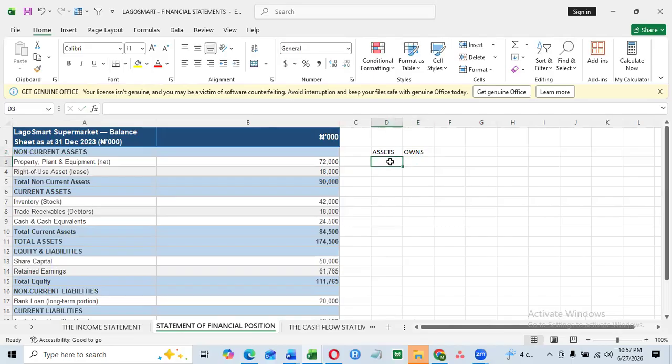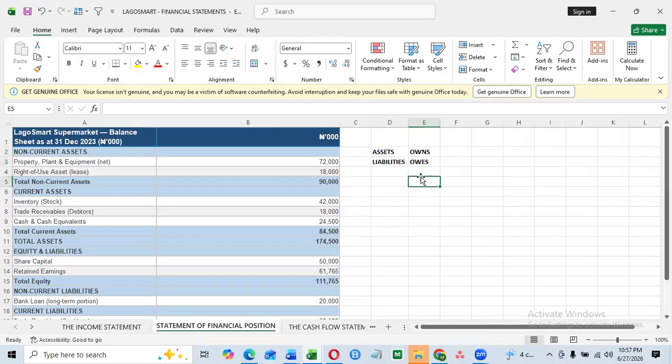And it shows what the business owes, liabilities, OWES. So for assets, it is owned, but for liabilities, it is owed. Do you understand? And not only that, it also shows what belongs to the owners. And that's what we call equity.